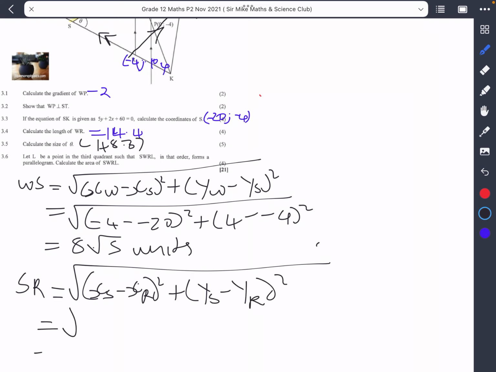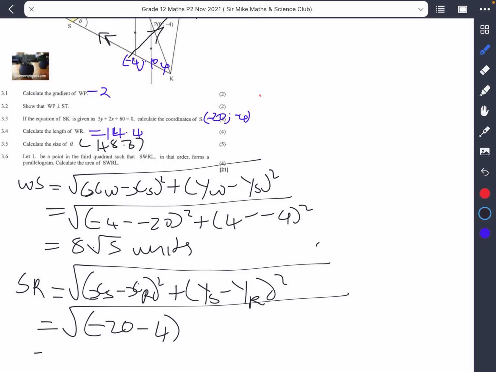So in this case, we have x at S, which we found to be -20. So this will be -20 minus x at point R, which is -4. So this would be -4.